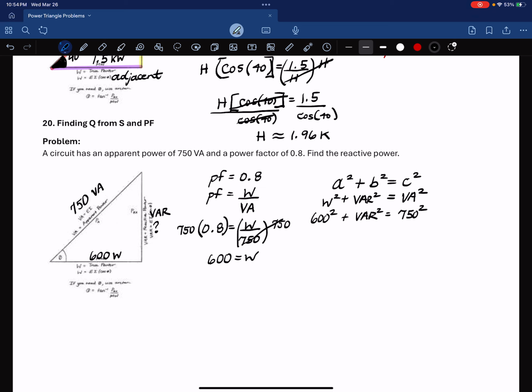And we have some math to do here. 6 to the second power is 36 with 4 zeros. We don't know reactive yet. And then 750 times 750 is 562,500.